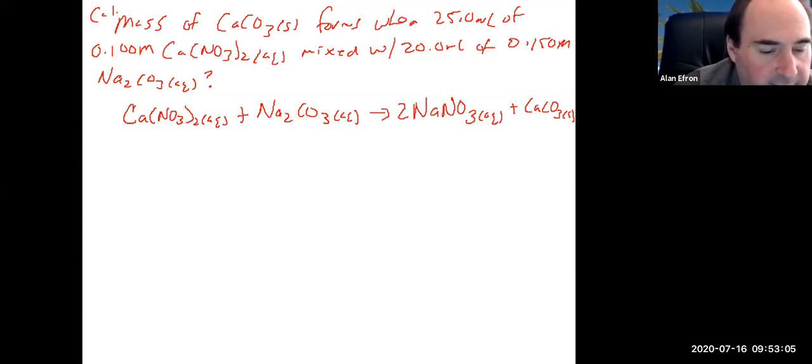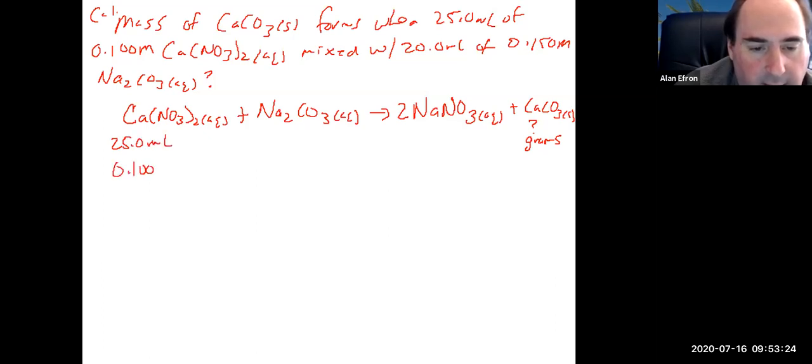Now, if we go through the information like we did before, ultimately we want to get to grams of our calcium carbonate. And we are starting with, for calcium nitrate, 25 milliliters and 0.1 molar. We are mixing it with 20 milliliters of 0.15 molar of this one.